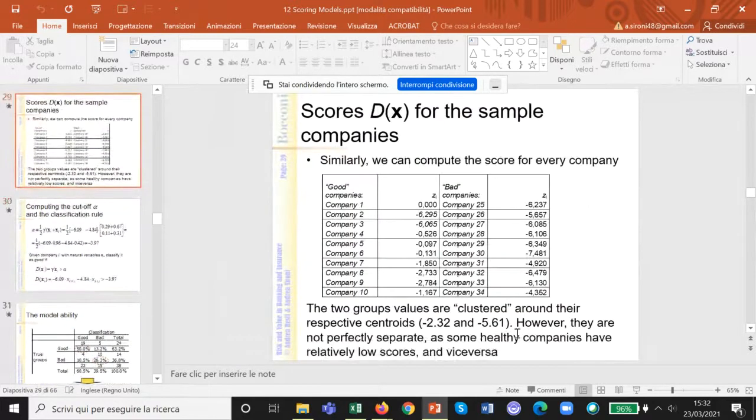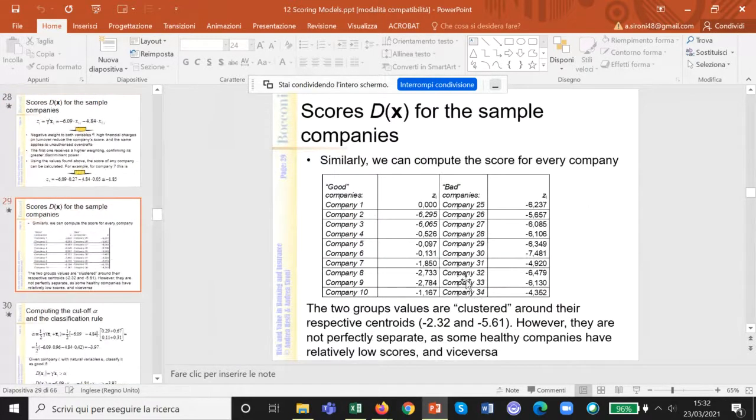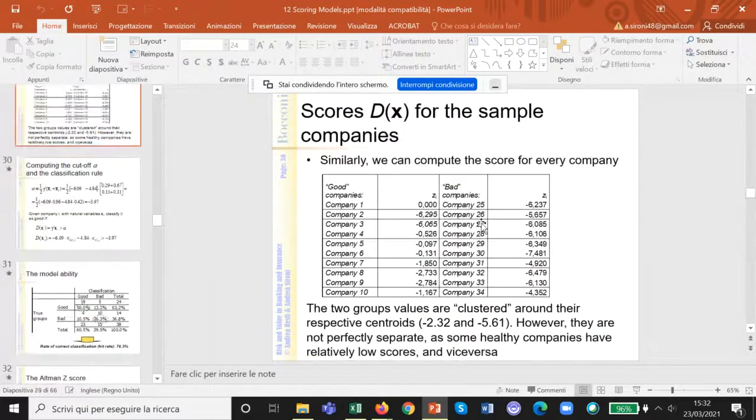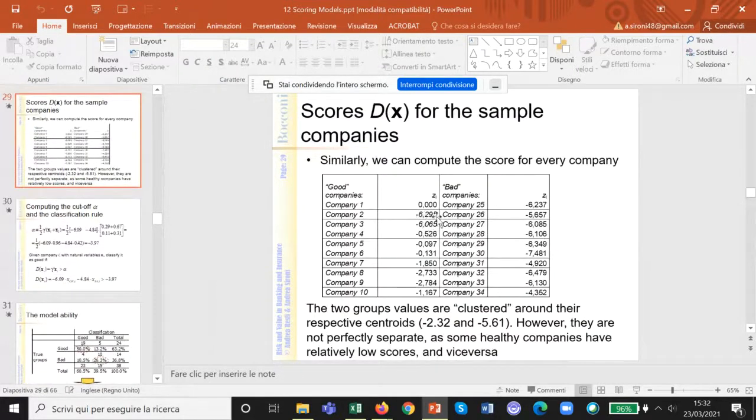Pay attention, if we look at these good companies, you can see that 2 of them, company 2 and company 3, using this cutoff point of 397, would be classified as bad, while they belong to the good companies, okay?